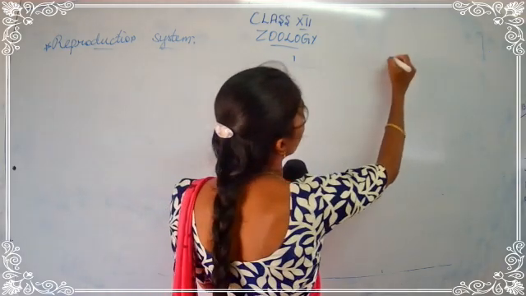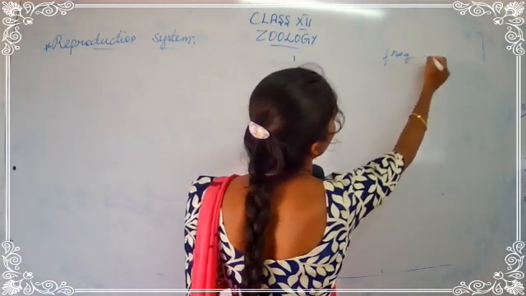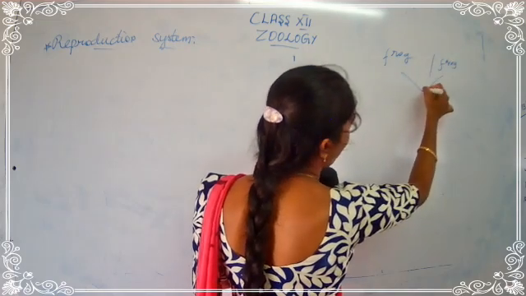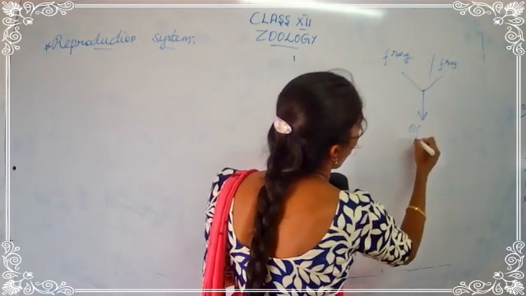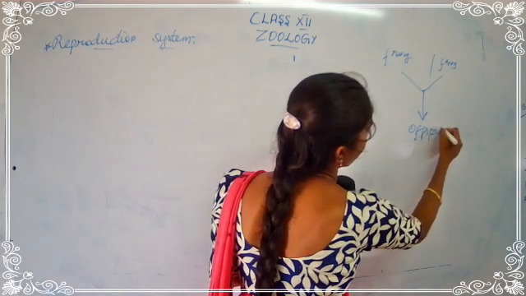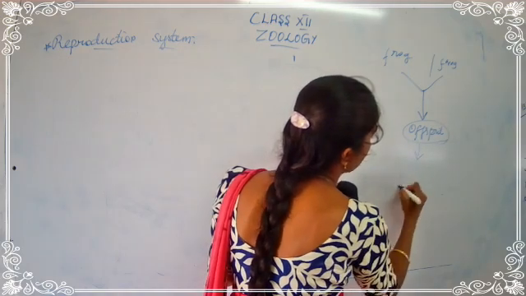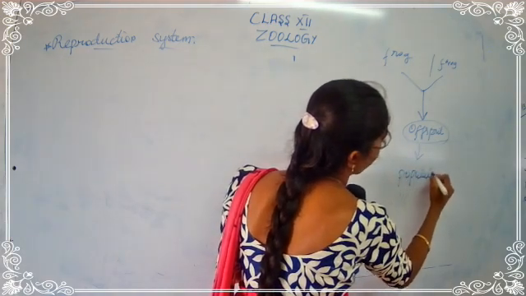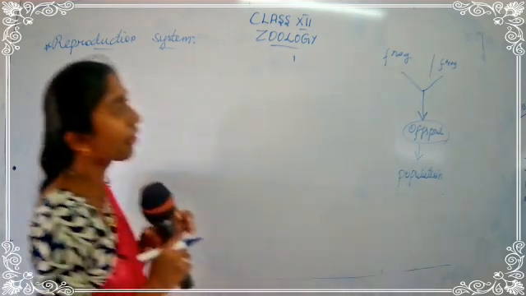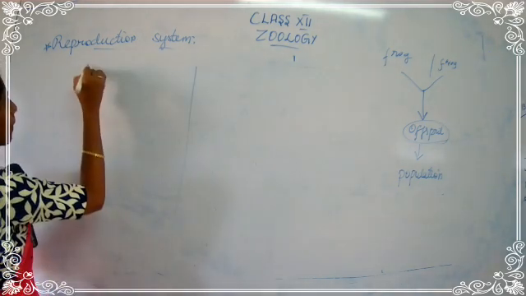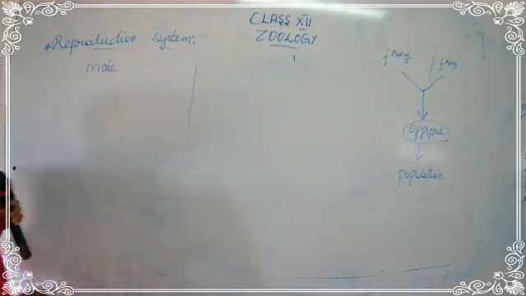Okay. First of all, look here. It is a frog. It is another frog. So by the help of reproduction, it gives offspring, so population is possible. Are you clear? So reproduction is very important. So two types of frog are there: one is male and another is female.